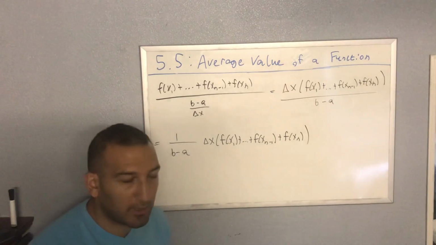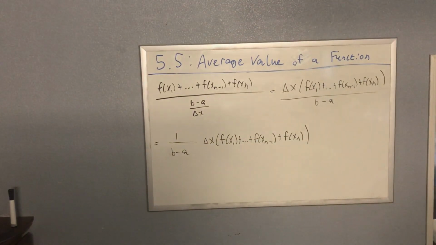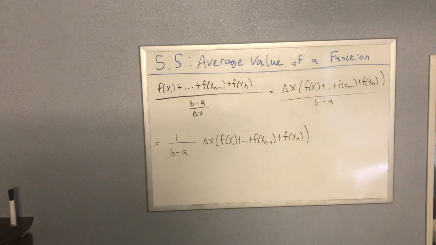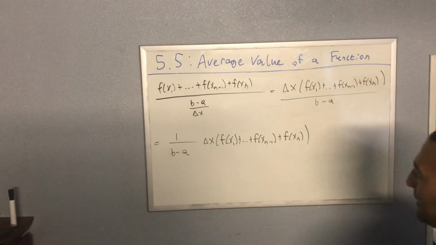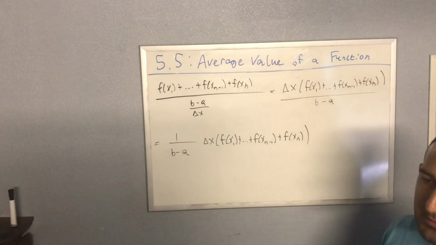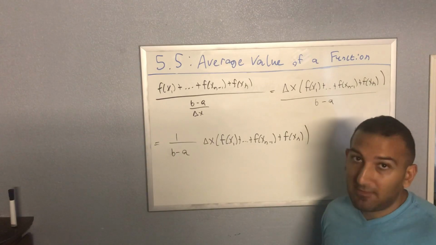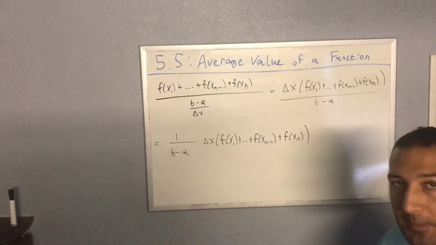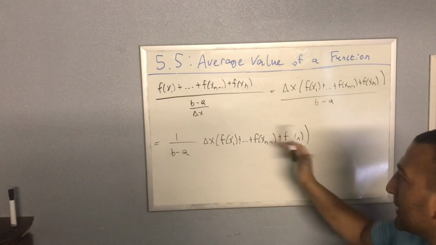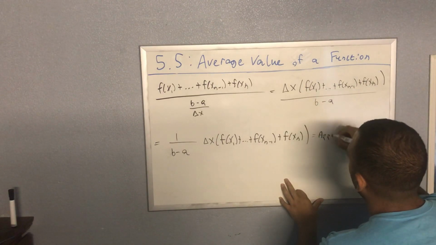Okay, and at this point is a good point to stop and think: how would you get the perfect average value? Instead of using a finite number of points, you would use an infinite amount of points, right? So you would basically want to take the limit as n goes to infinity of this, because this is the approximate average value.